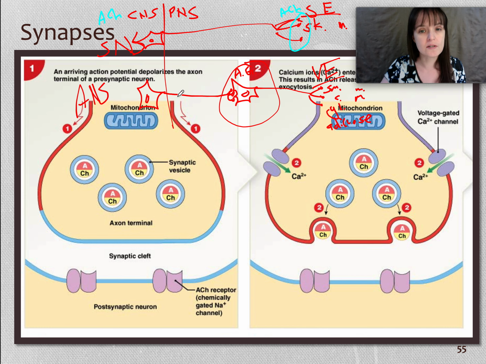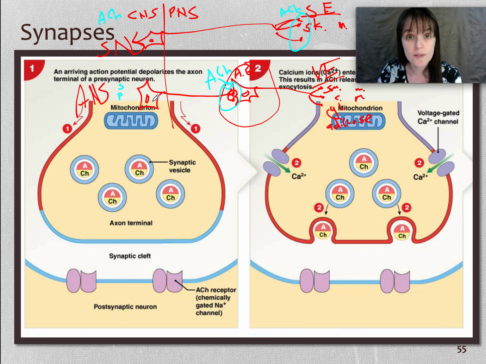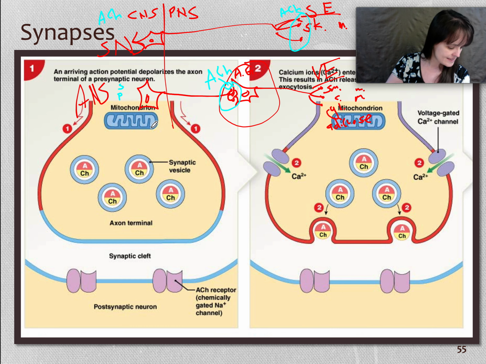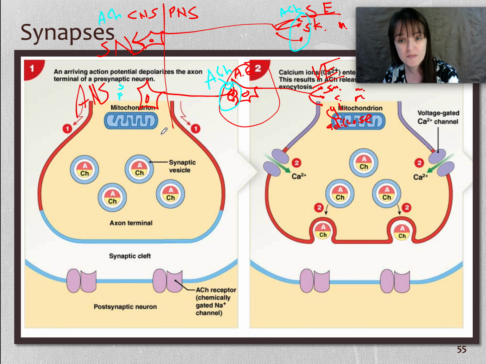All neuron-to-neuron synapses in the peripheral nervous system are cholinergic, using acetylcholine, whether it's sympathetic or parasympathetic, the preganglionic cell uses acetylcholine. And then all neuromuscular and neuroglandular junctions in the parasympathetic division of the ANS.